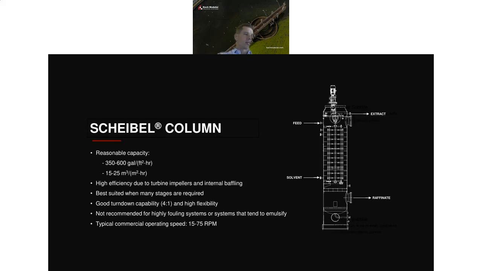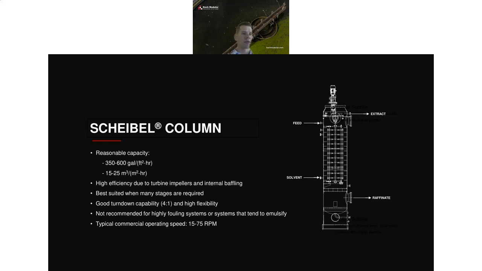So I mentioned the Scheibel column as one of our two proprietary extraction column technologies. The Scheibel column is a countercurrent agitated extraction column. The principle of operation here is there's a series of impellers that rotate within the column that create the dispersed phase and allow contact to take place between the continuous and dispersed phases.